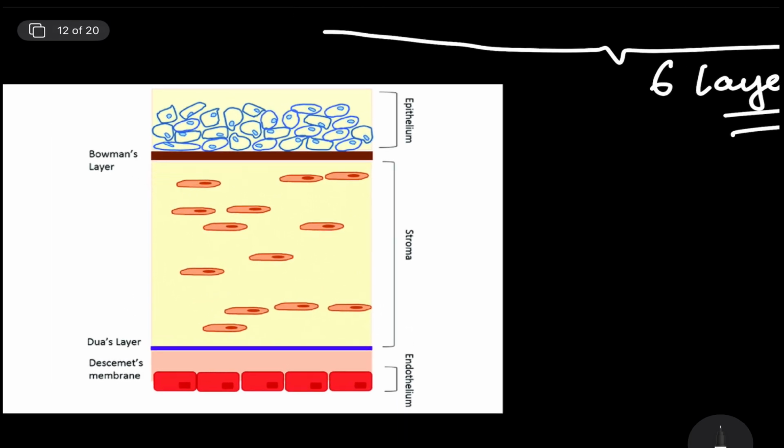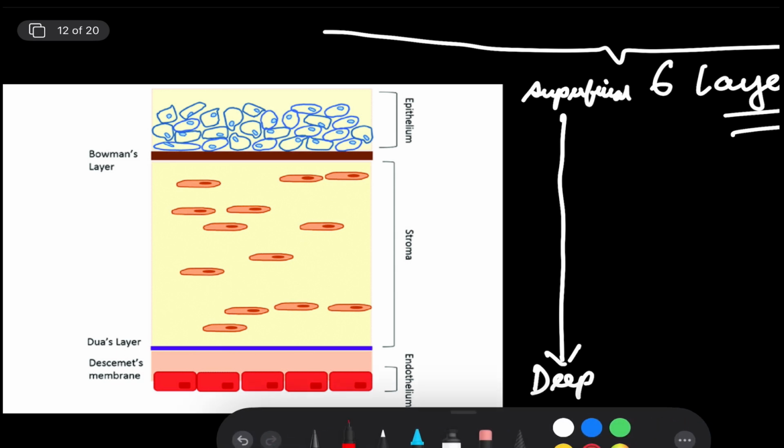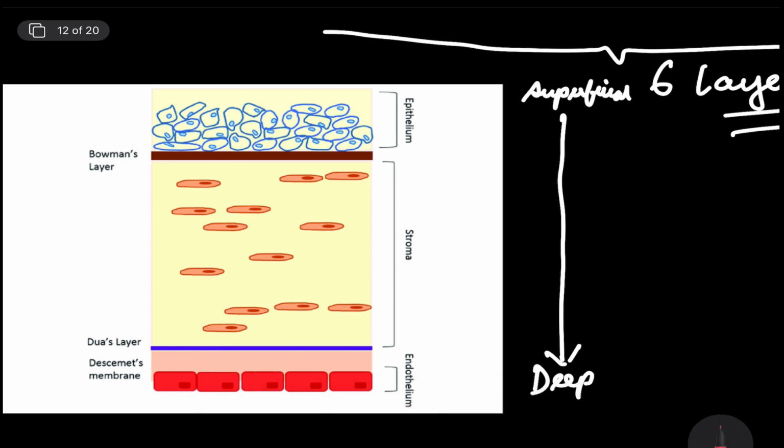So basically what we are seeing over here is the superficial part, and we are going all the way up to the deep part. What are these layers? Remember, the superficial covering of almost any tissue in our body is epithelium.